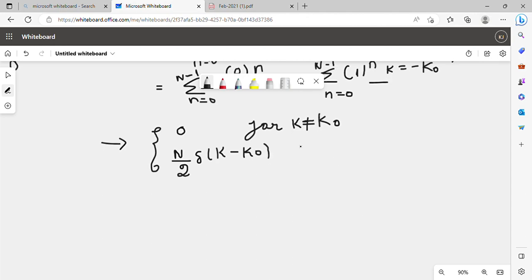And it is plus n by 2 into delta of k plus k naught, otherwise 0. Otherwise, in the sense that k is not equal to k naught and k is not equal to minus k naught, right? I'll write it as otherwise.